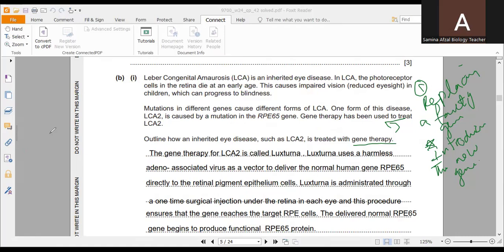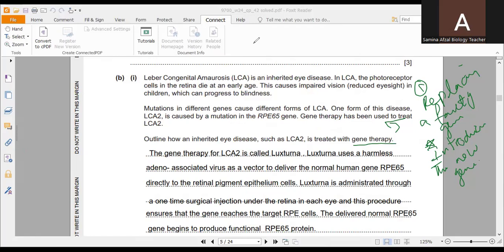Luxturna is administered through a one-time surgical injection under the retina in each eye, and this procedure ensures that the gene reaches the target RPE cells. The delivered normal RPE65 gene begins to produce functional RPE65 protein. So I would like to explain all this.